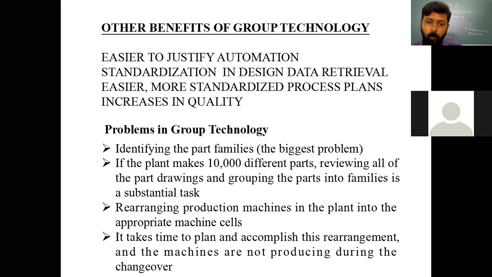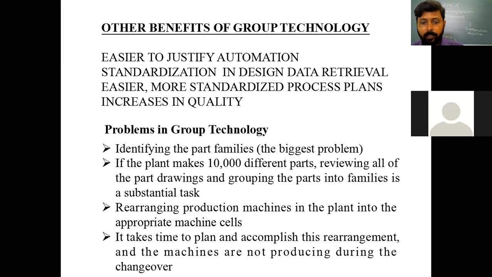You can just go for a consultancy, or either you can go with your engineers from the shop floor or your industry. They can also perform this if they have the basic knowledge of group technology. Now, you are in final year, whenever you pass out and you go in an industry for a job, you will find out that this group technology is used everywhere nowadays.